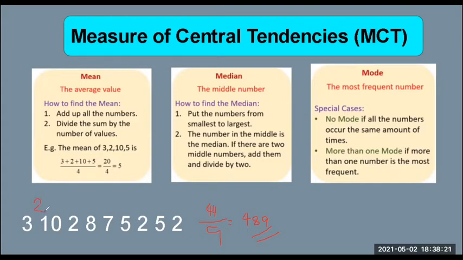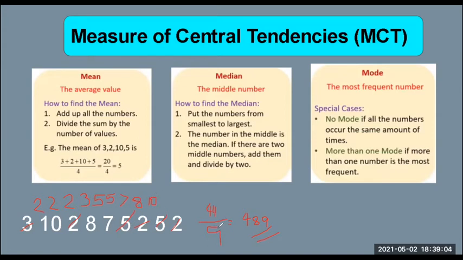So we have 2, 2, 2, 3, 5, oh, we have another 5, so 5, 5, 7, 8, and 10.